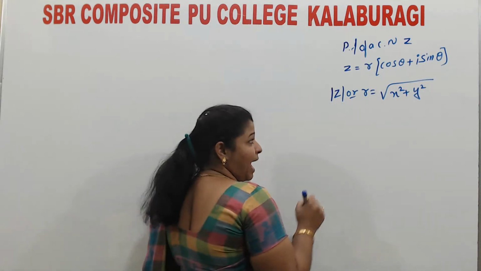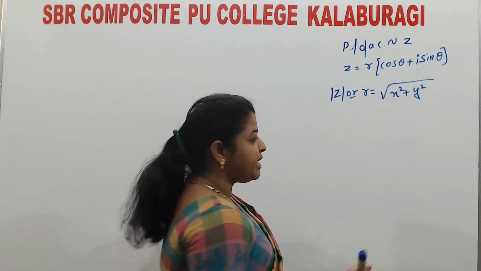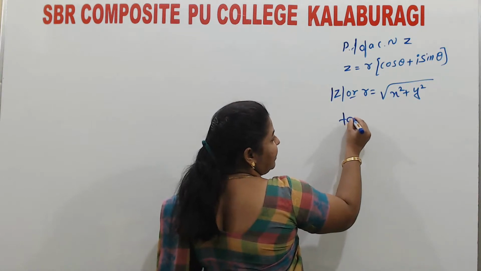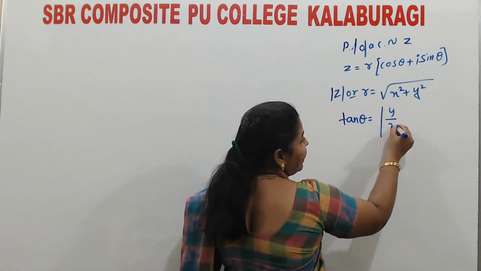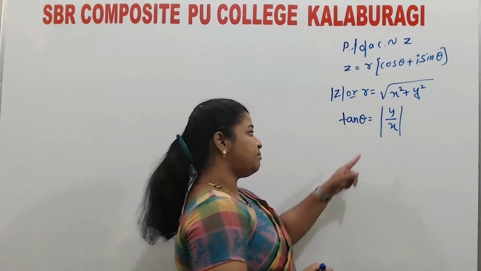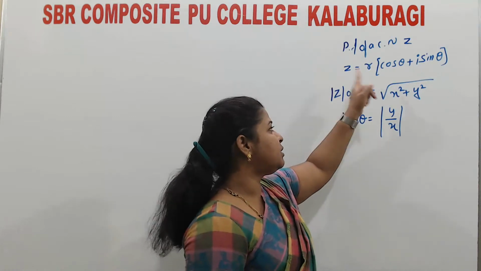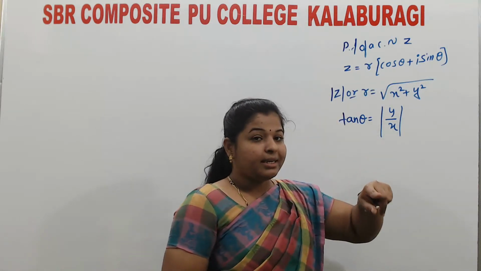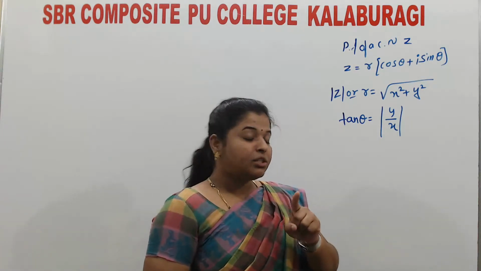Next, for finding the amplitude or theta value, which form are we using here? We are using tan theta is equal to modulus of y by x. Why are we using this modulus? For the derivation of this polar form, we considered the angle in the first quadrant.